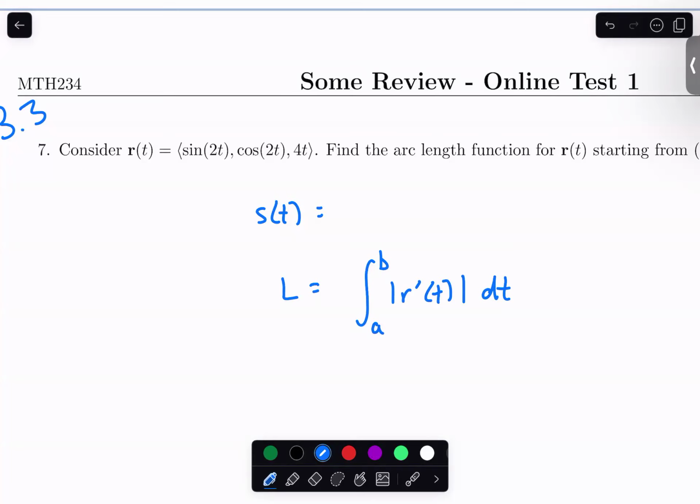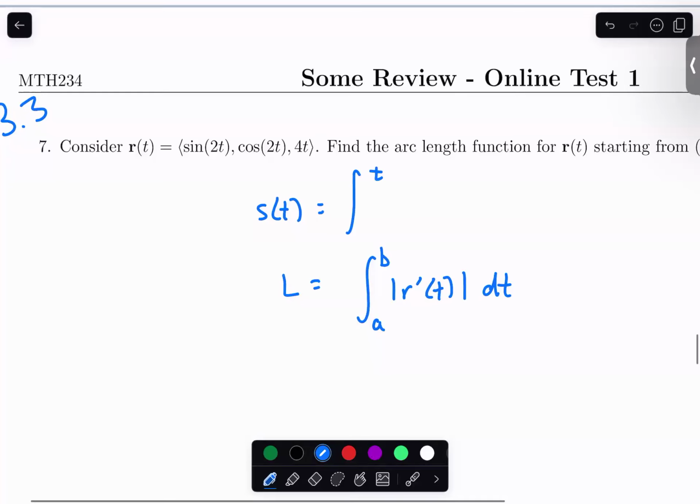The arc length function is pretty much the same thing, except it doesn't give you an ending time. It's going to give you a starting point, an A value, essentially, but it's not going to tell you where to end. Instead, your ending is going to be some variable, and that's what you use t for here. I'll still use A here, but we'll have to figure out what that is.